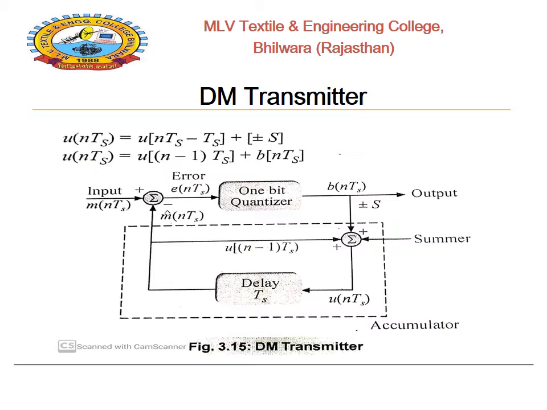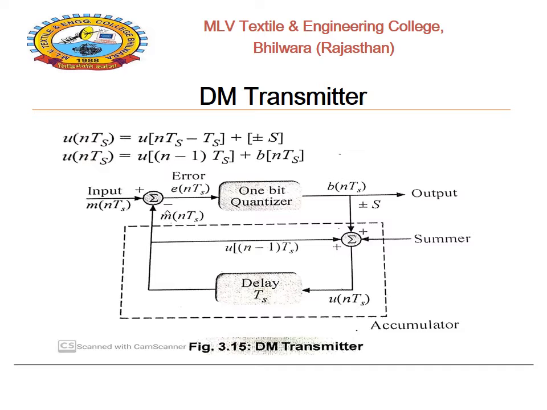As shown in the figure, the summer in the accumulator adds the quantizer output, which may be plus s or minus s, with the previous sample approximation. This provides the present sample approximation u of nTs equals u of (n minus 1)Ts plus or minus s.